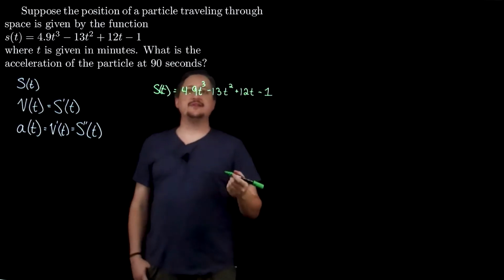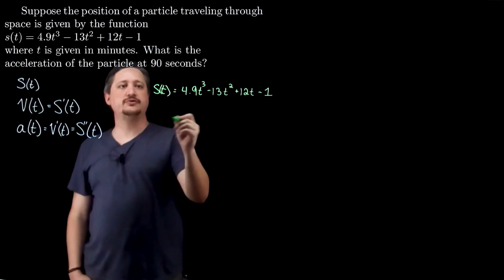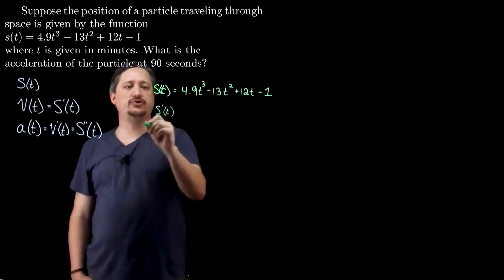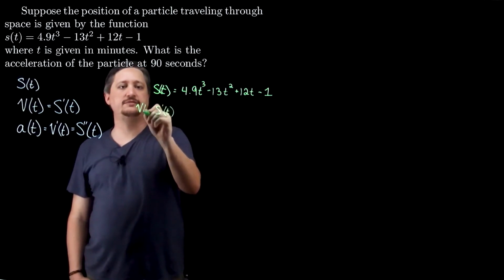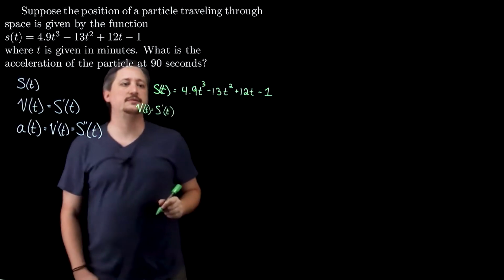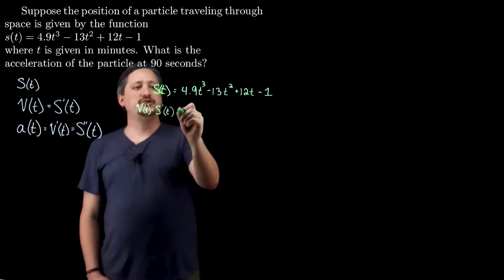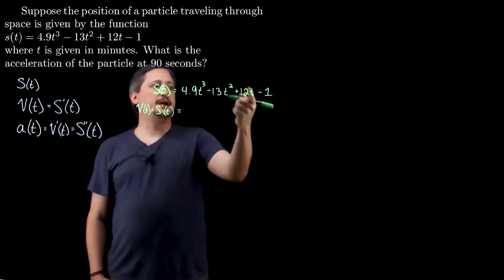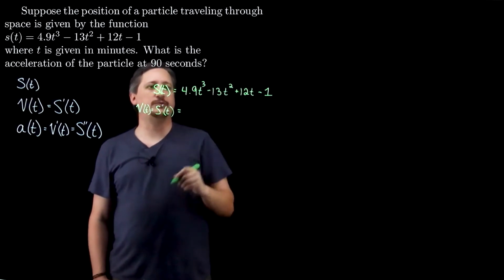So then I'm going to take the first derivative. So I'm going to take s prime of t, which to be clear is v of t. This is the velocity, right? But I'm just going to do it the standard way. I'm going to take down the power and multiply, and then subtract 1 from the power.